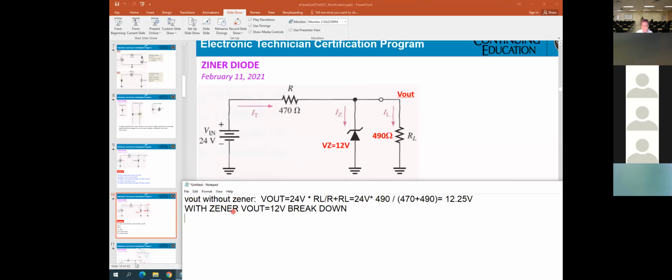However, with the Zener, it breaks down, so you get only 12.